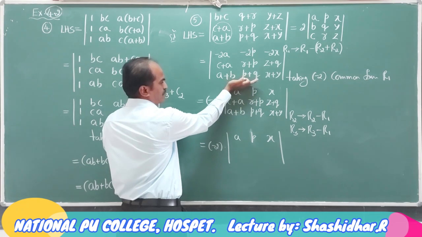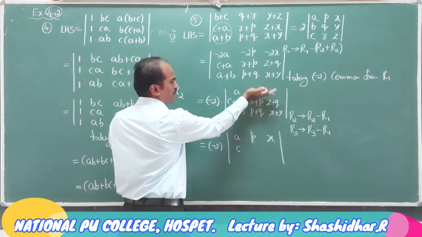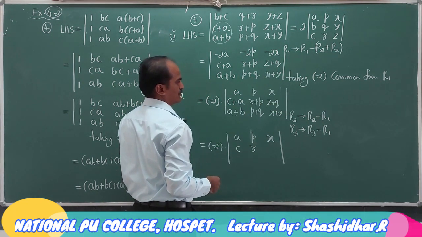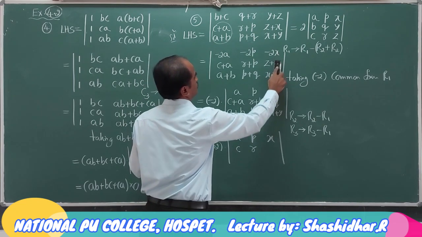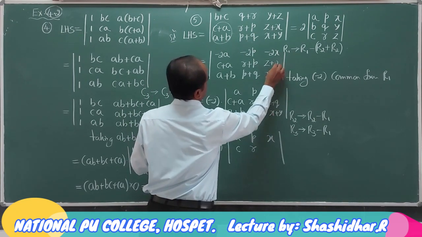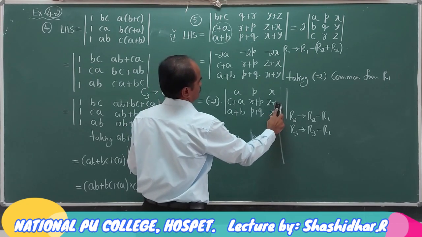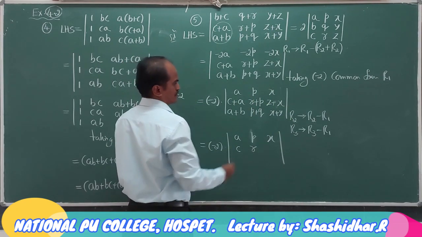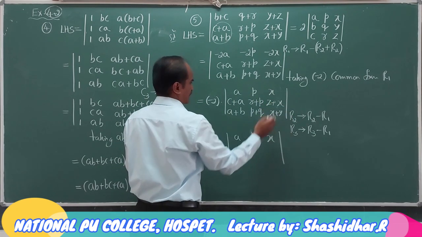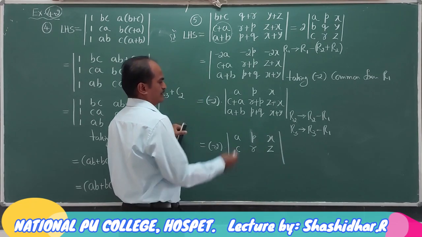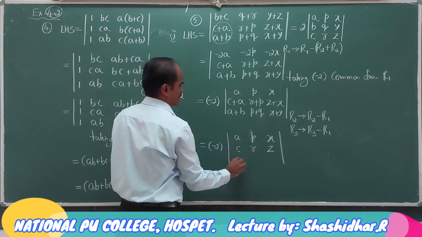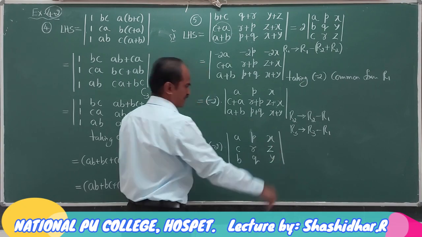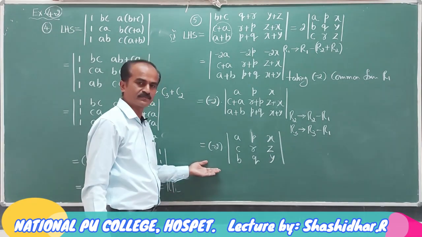In C plus A, I had to subtract A. I get C. In R plus P, I had to subtract P, R. In Z plus Q, I had to subtract... sorry, this is Z plus X. This is Z plus X. So here X gets cancelled, so I am left with Z. Then R3 minus R1, A cancels, B, P cancels, Q, X plus Y minus X, Y I get. This is the determinant we are left with.